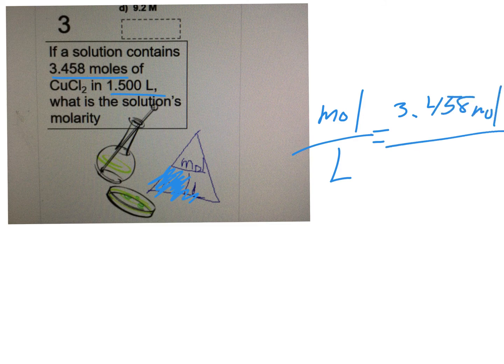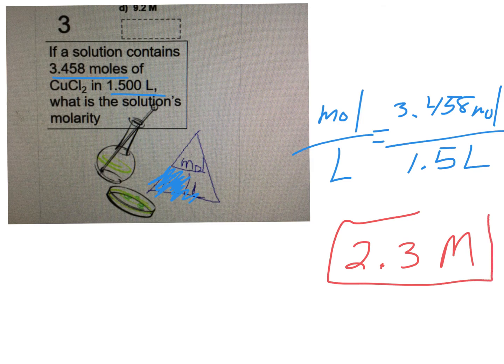Now divide by your 1.5 liters. This gives you your concentration called molarity. Okay, so now get the calculator. 3.458 divided by 1.5. That gives me 2.3 or 2.31. Okay, and so look at those choices.